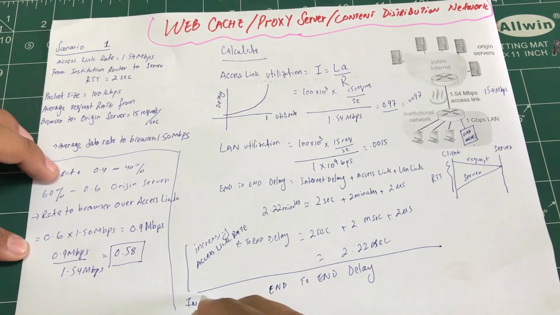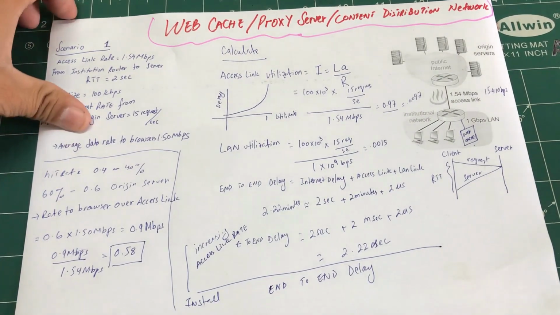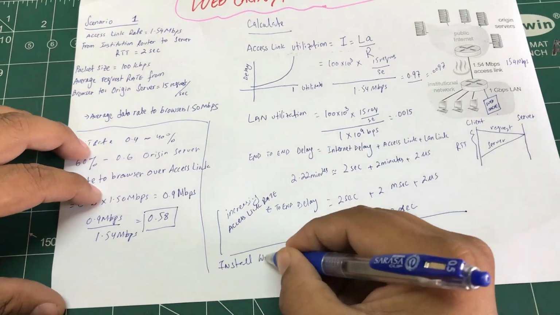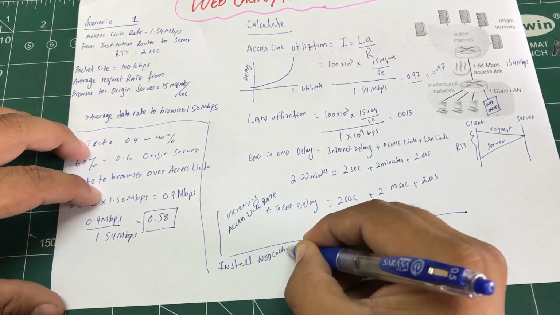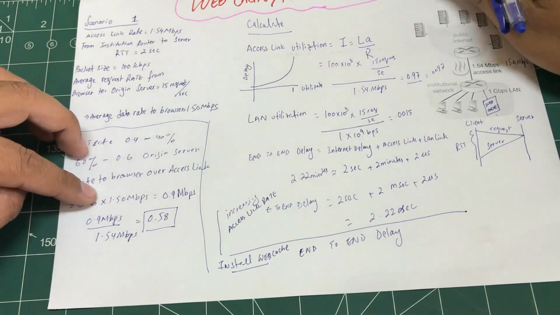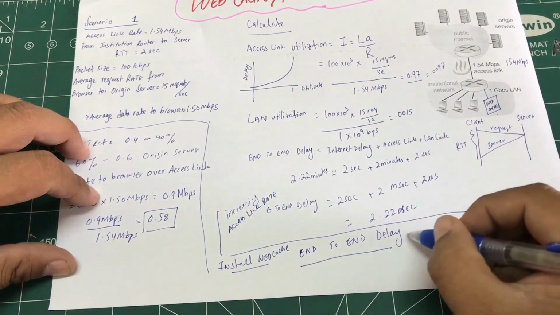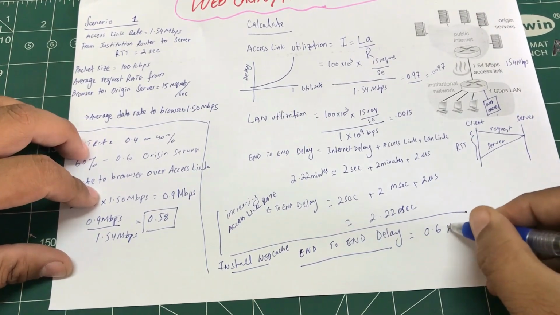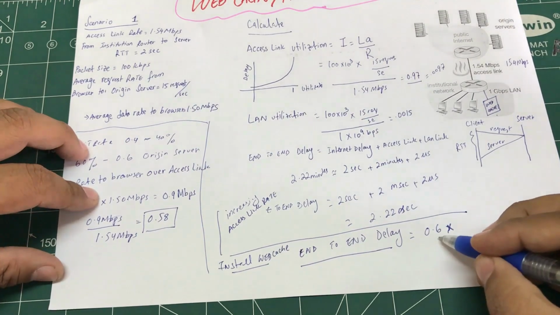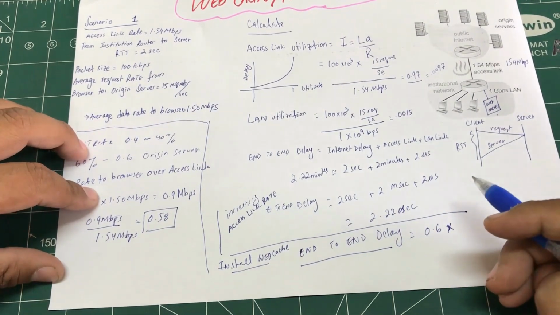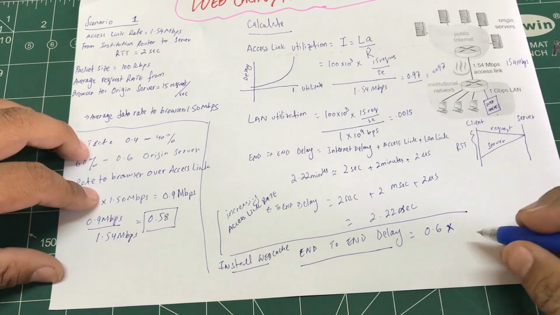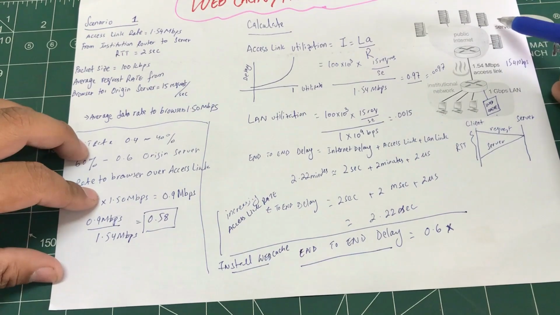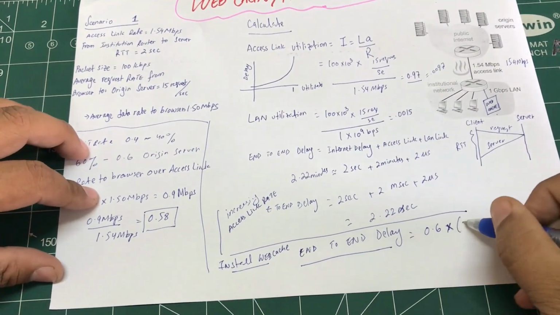Once you install a web cache, that average delay is going to be a combination of all of those delays. So this average delay is going to be 0.6 multiplied by, 0.6 being the percentage of packets which are still being served by the origin server, the time it takes to send a request and receive a response, which is about 2 seconds.